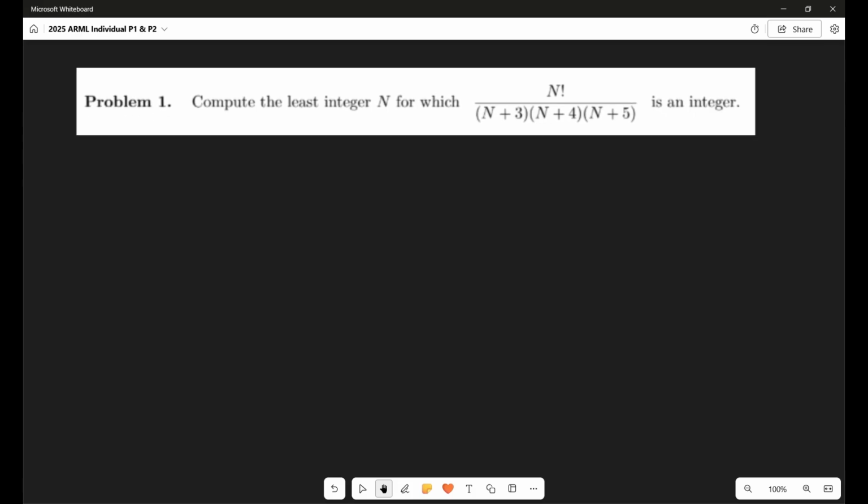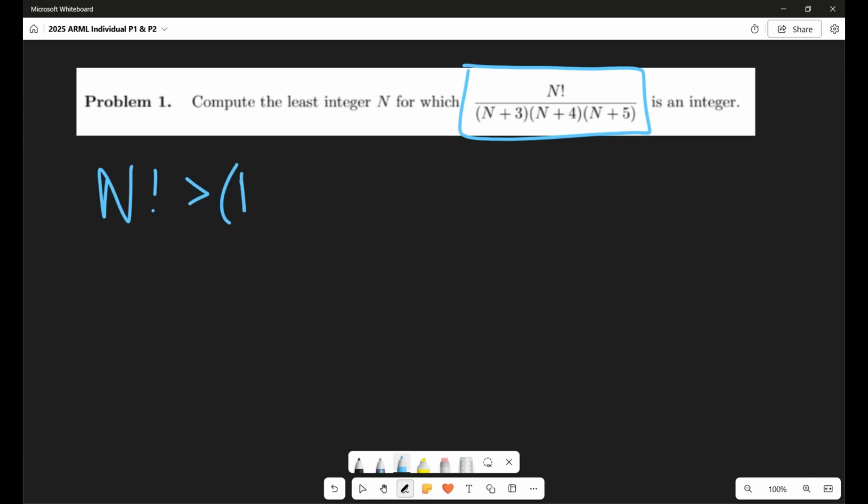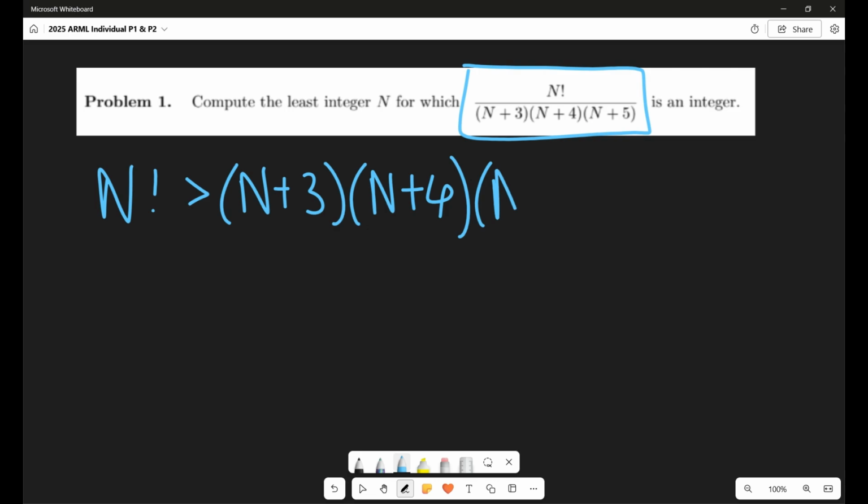Problem 1 is: compute the least integer n for which n factorial over (n plus 3)(n plus 4)(n plus 5) is an integer. Well, for this to be an integer, our number one constraint is that n factorial has to be greater than (n plus 3)(n plus 4)(n plus 5), because otherwise, not only will it not be an integer, it'll actually be less than 1.